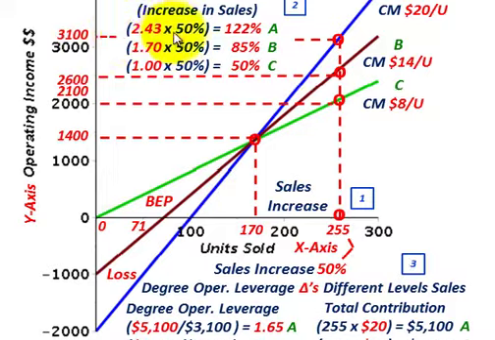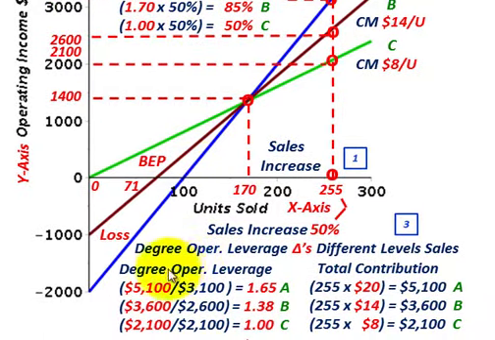So this is where we're going to come up with that new degree of operating leverage. Again, taking our total contribution, 5,100 divided by 3,100, our new operating income at 255 units sold, our degree of operating leverage goes down to 1.65.